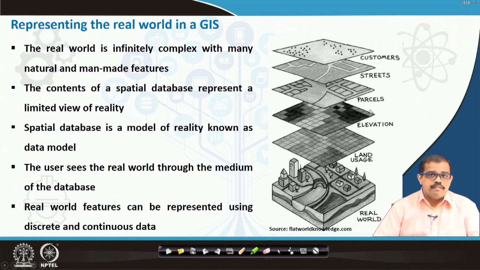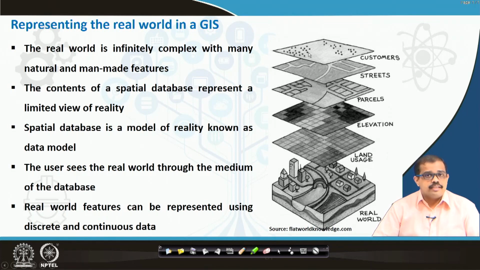Then you have an elevation layer, which is again a raster. You have a parcel layer, which can be a collection of raster and vector. Parcels can be only vector, only raster, or both vector and raster. Here, some part is raster, whereas this is a vector. You have this as a vector layer, and you have the customers as again a vector layer.